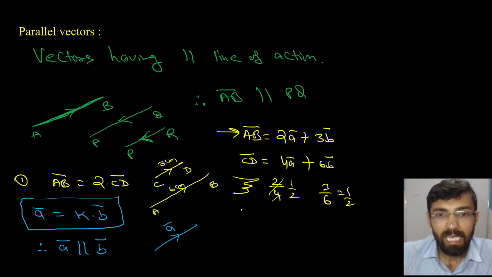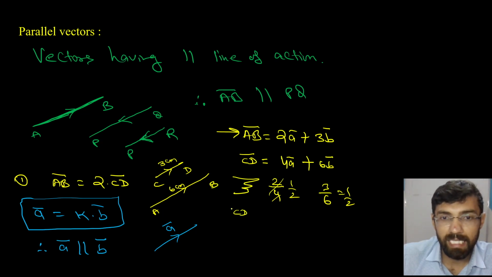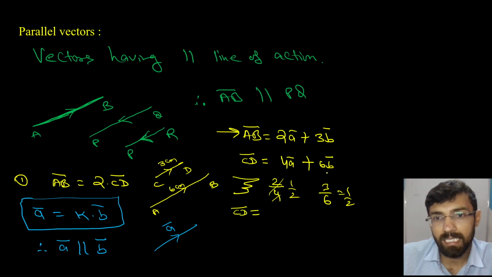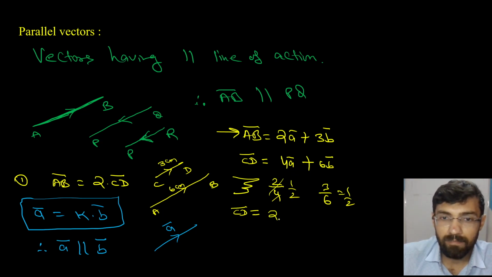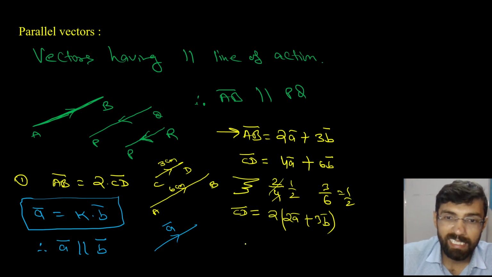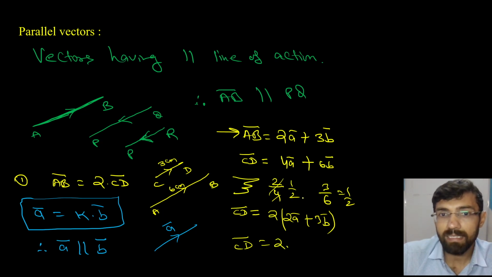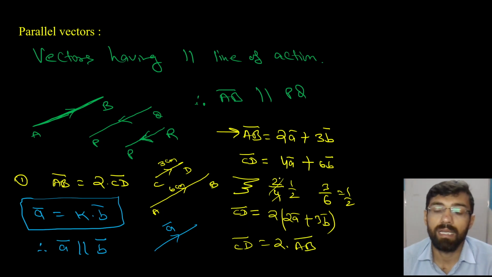Second note point: I can write the CD vector by taking 2 common. If I take 2 common, it will be 2A plus 3B. So the CD vector is double the 2A plus 3B, which is nothing but the AB vector. So can I say this way?